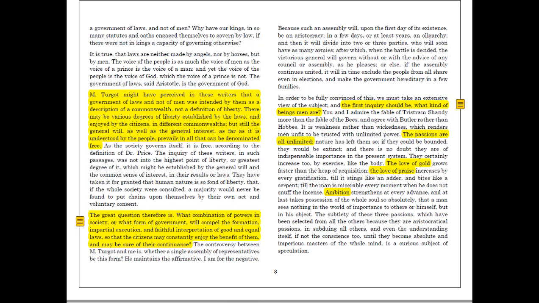There is something more important than the affirmation of the people as the voice of God. It is that the government that they create, being valid and legitimate, aspires to this higher standard, the impartial execution, faithful interpretation, and so the citizens may constantly enjoy the benefit of them.